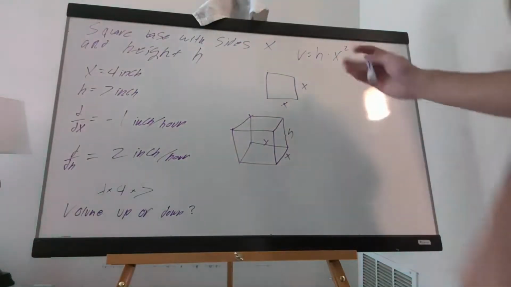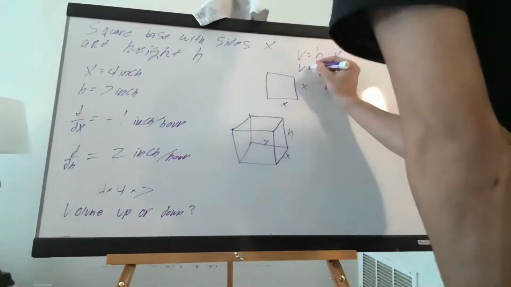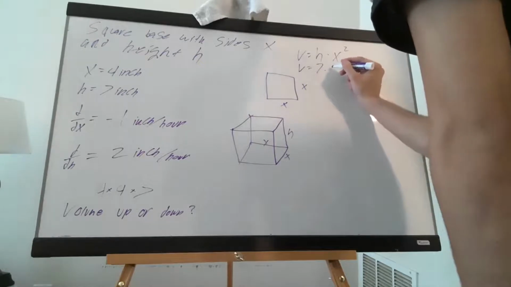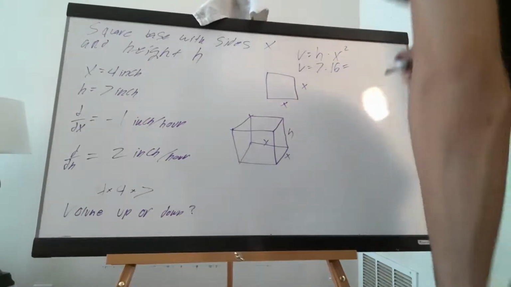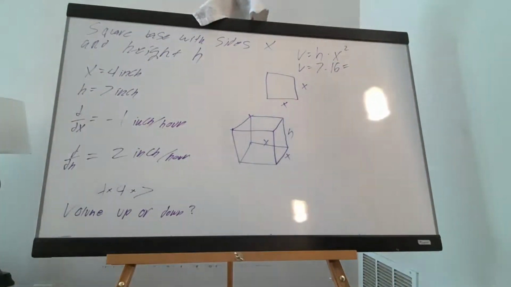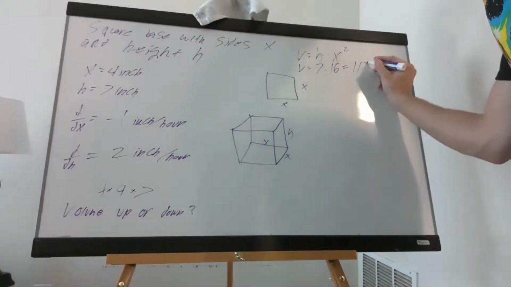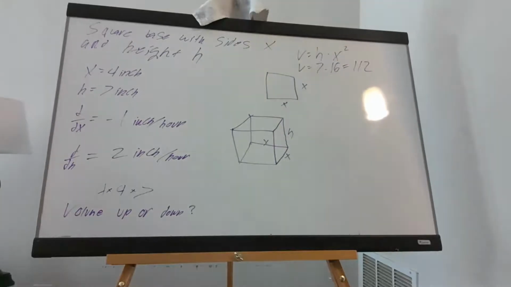So the volume is going to be equal to our height, which is 7 at this moment, times x squared, 16. So 7 times 16 is 70, plus 42 is 112. So that is the volume at the moment of 4 inches for the square base and 7 inches for the height.